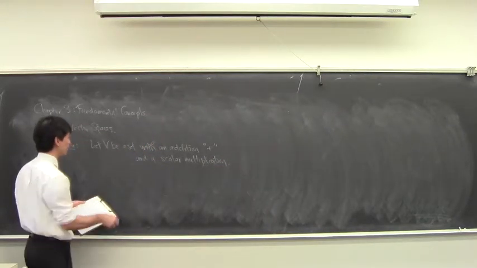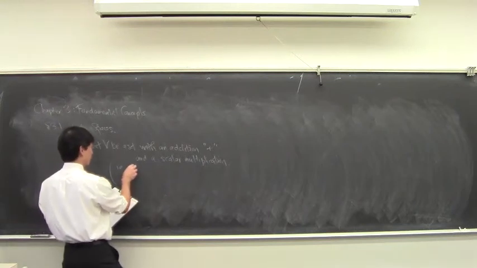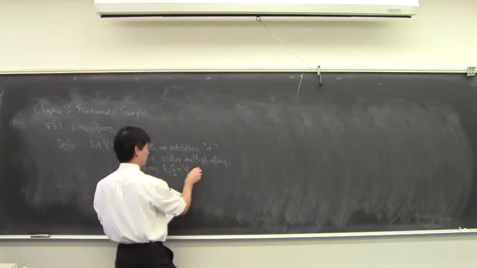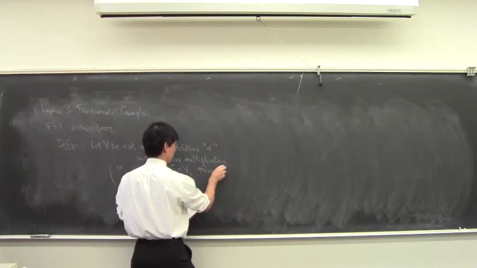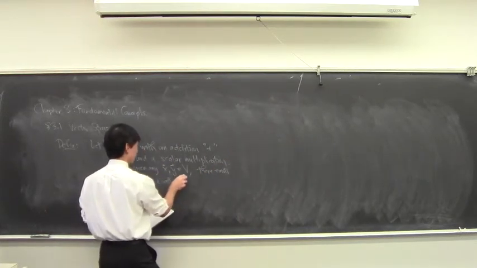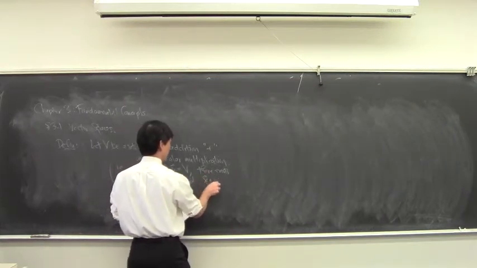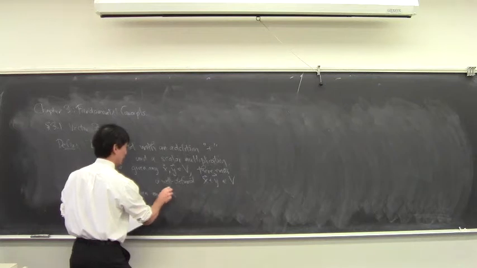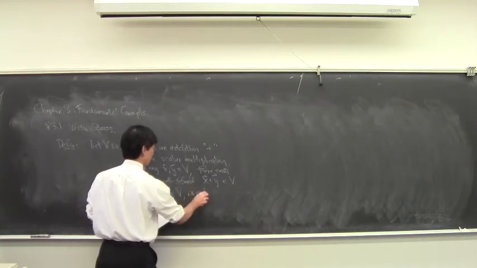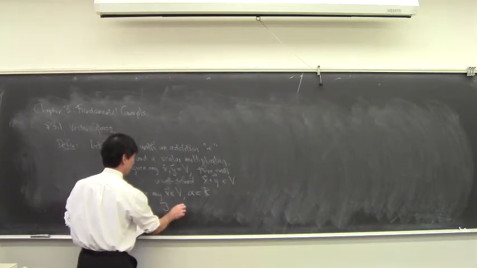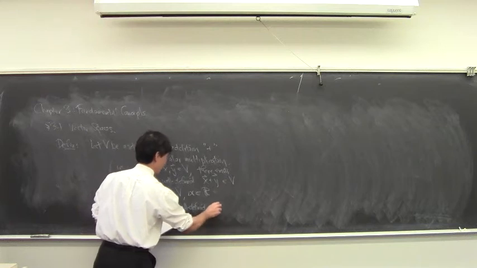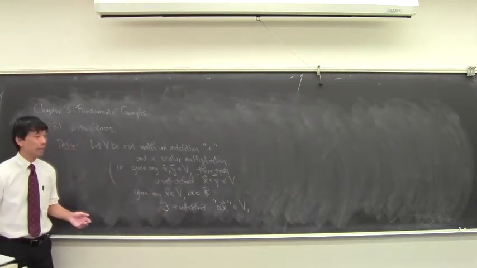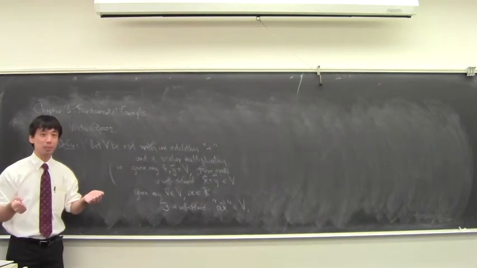And what we mean by that is that given any pair of elements in our space, there exists a well-defined x plus y that's still in V, and given any element in the space and some number in R, there exists again a well-defined something called alpha x in V. So there's a way of creating a sum: given any two guys, there's a way of creating a sum.